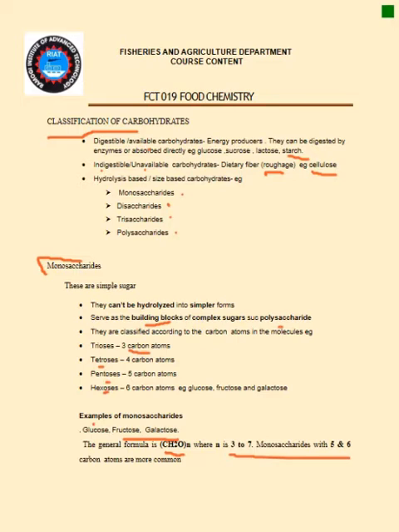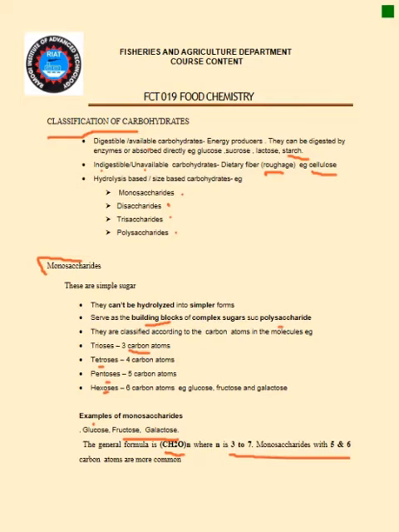If it has 4, they are called tetroses. If it has 5, they are called pentoses. And when they have 6 carbon atoms, they are called hexoses. So the simplest class of monosaccharides is trioses, which has 3 carbon atoms.